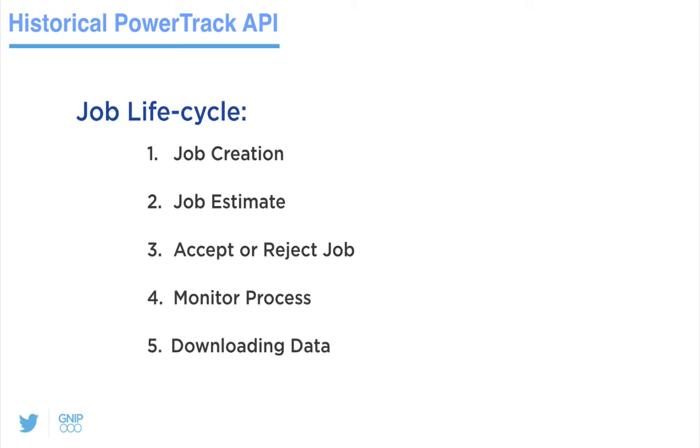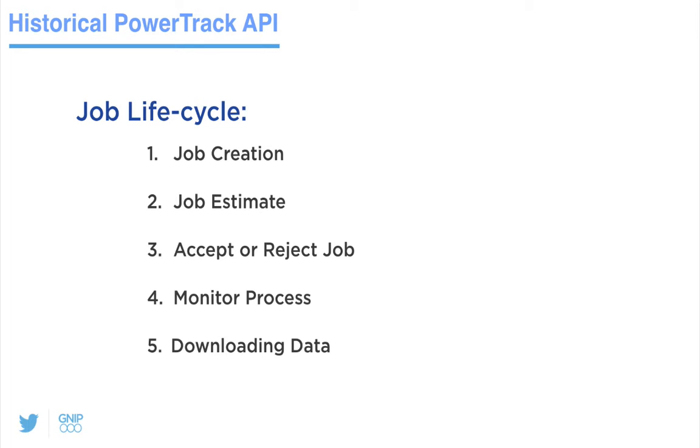That is a definition of the time period you want to pull data from. It's also the specification of what filters you want to apply to the archive of Twitter data. The second step is you'll receive a job estimate, and then based upon that estimate you can decide to accept or reject the job. If you accept the job, that's where we kick off the heavy lifting of moving through the Twitter archive and pulling all tweets that match one or more of your filters.